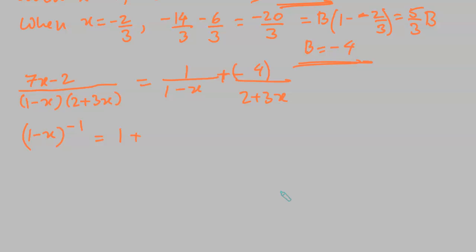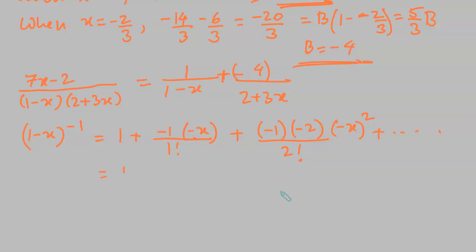Second term, it is negative 1 over 1 factorial times negative x to the power of 1, or simply positive x. The third term, negative 1 times negative 2 over factorial 2 and negative x to the power of 2. These are the first three terms, and of course this is an infinite series.